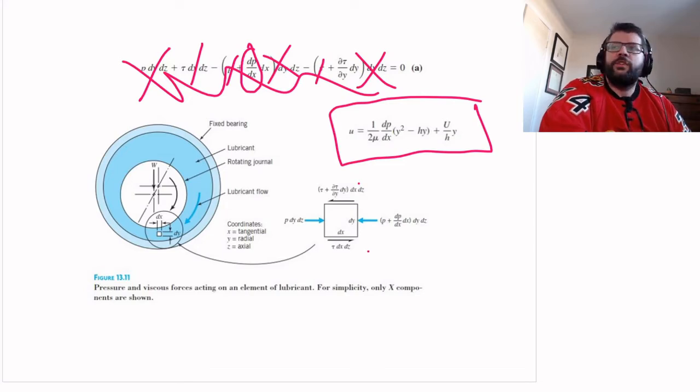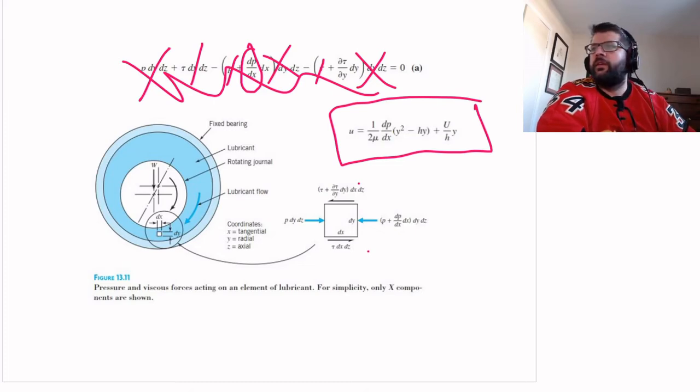So again, the shear gradient is going to be a function of the velocity gradient. So that'll be our mu dU term here.